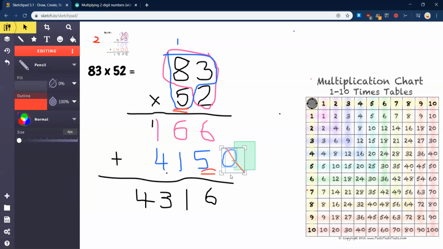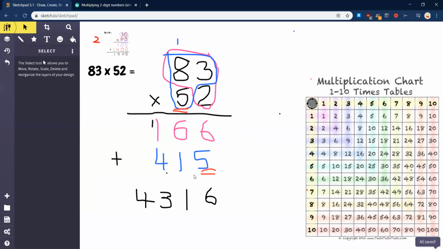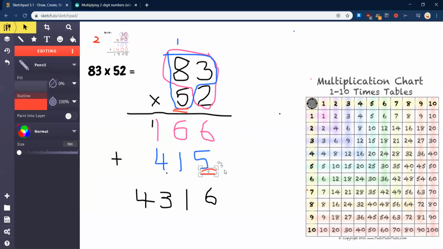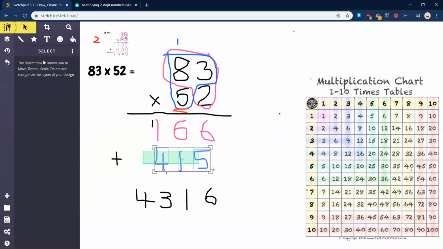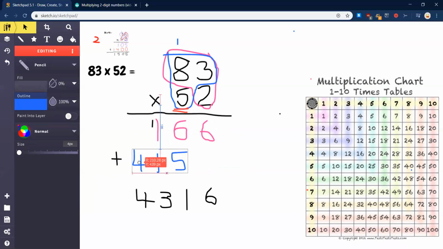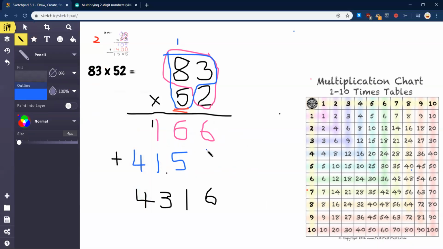If you just had these numbers like that, you'd be adding the 5 and the 6 and the 1 and the 6 and the 1 and the 4 and the 1, and you'd have a lot smaller number. So it's really important we hold that place value and make sure that 0 goes in where it needs to be.